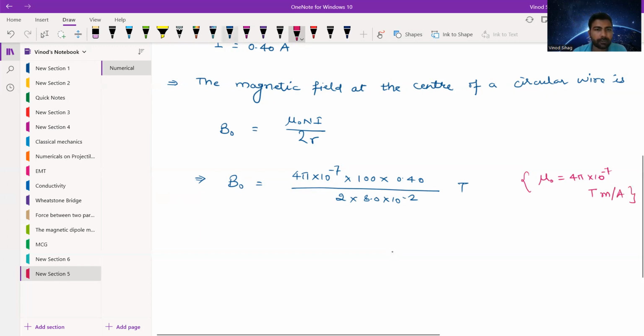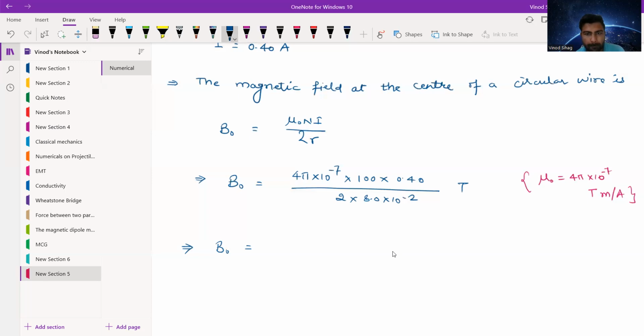Now, again, come to the calculation. So B naught equals, if there is something to cancel, then we can do that. Here the 100 will be multiplied with 0.40, so it will become 40.